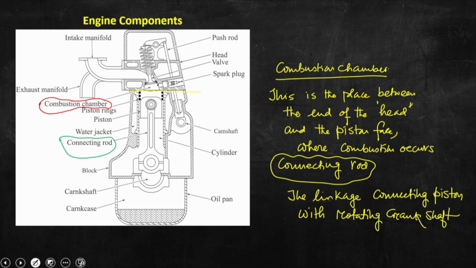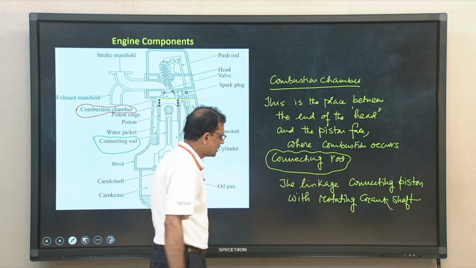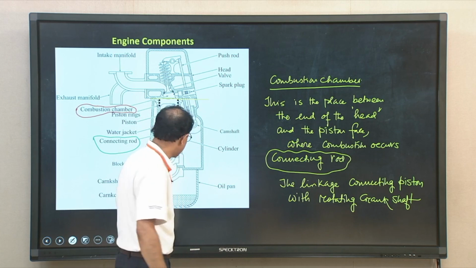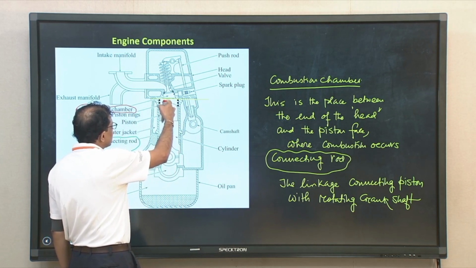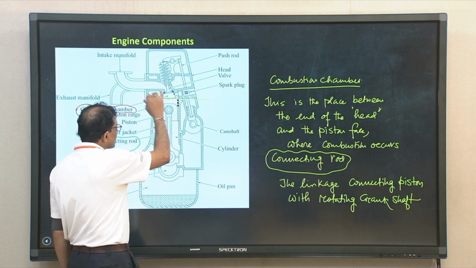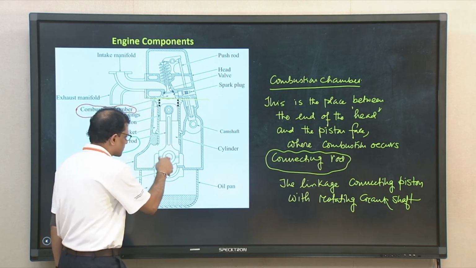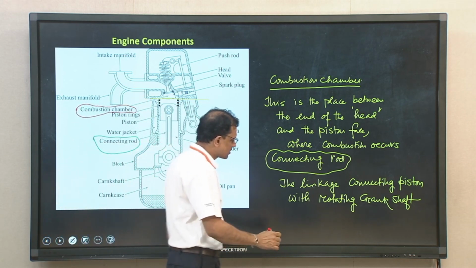Okay. So, the mechanical linkage which is used to connect the piston with the rotating crankshaft. So, the linkage connecting, so the name is connecting rod. That means, the purpose is to transmit the energy which is available on the face of the piston to the shaft, that is the crankshaft.